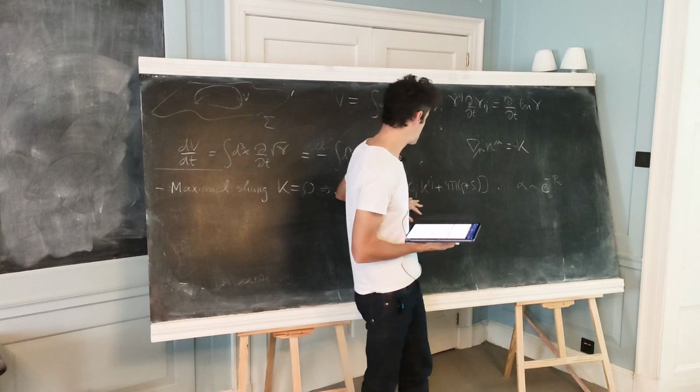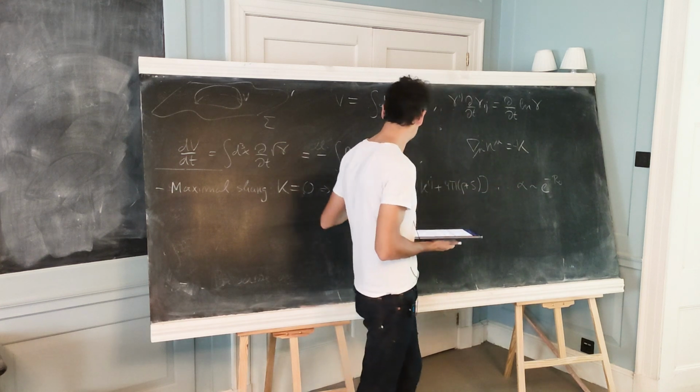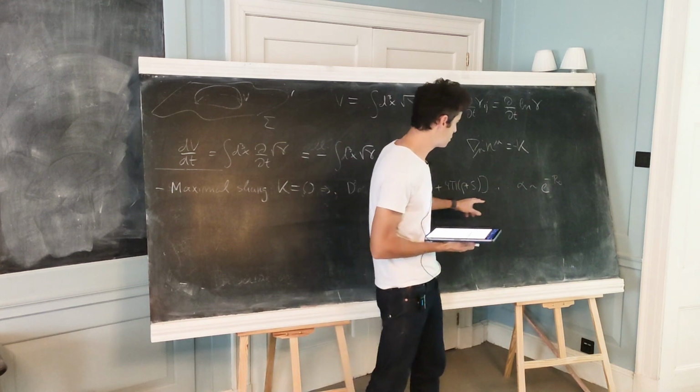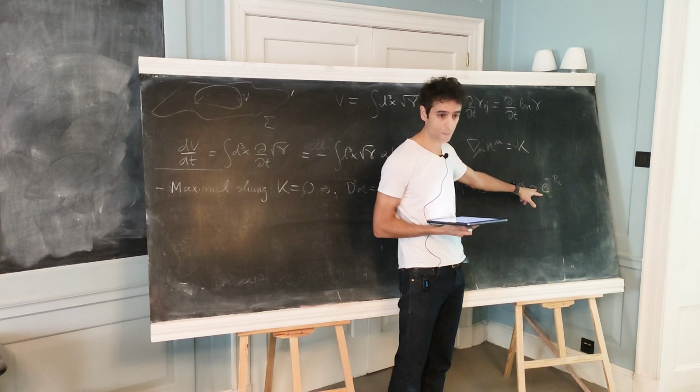This is just from studying solutions to this equation. So this tells you that solutions to a maximal slicing correspond to the lapse going exponentially to 0 in the regions of high curvature.